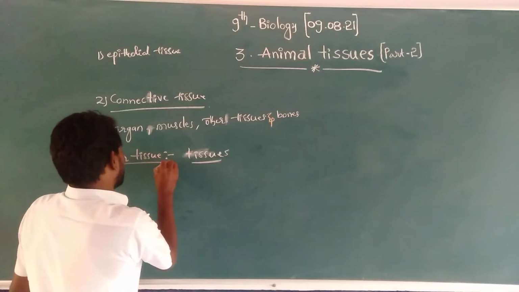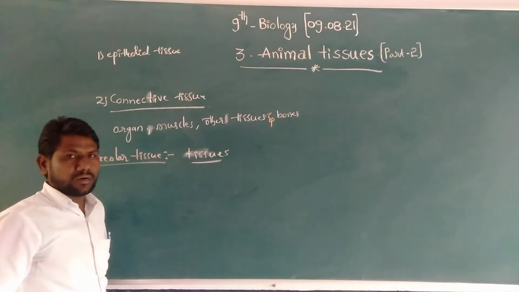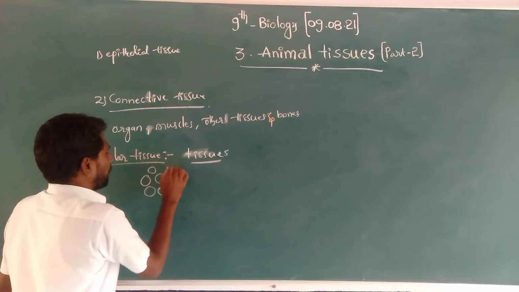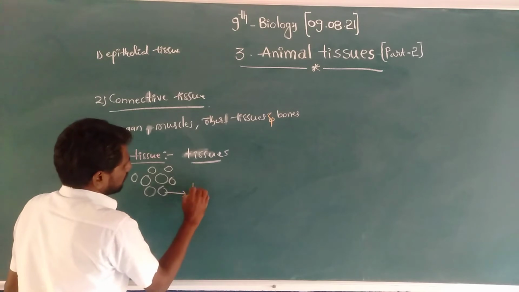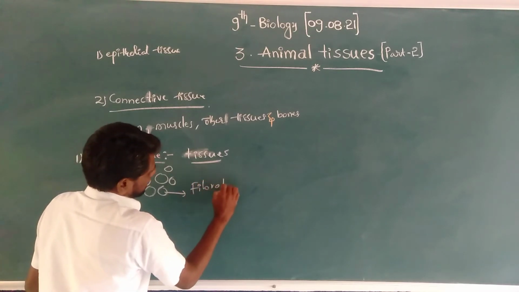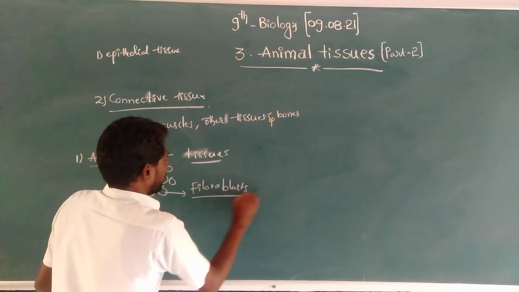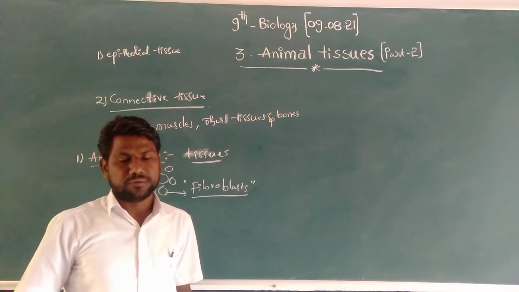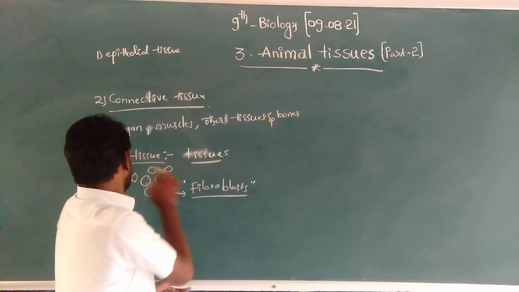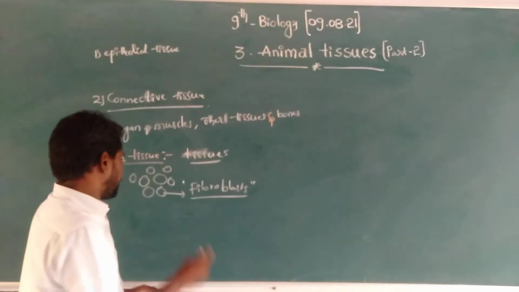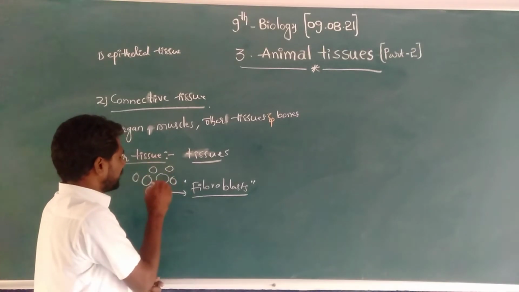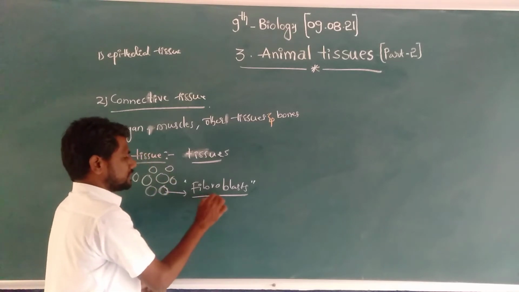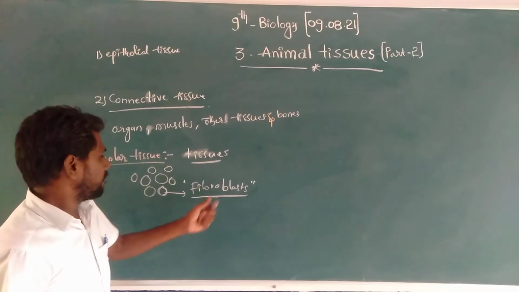This areolar tissue is made up of a number of cells. These cells are called fibroblasts. What are fibroblasts? This is a very important and general knowledge question. The cells in areolar tissue are called fibroblasts.